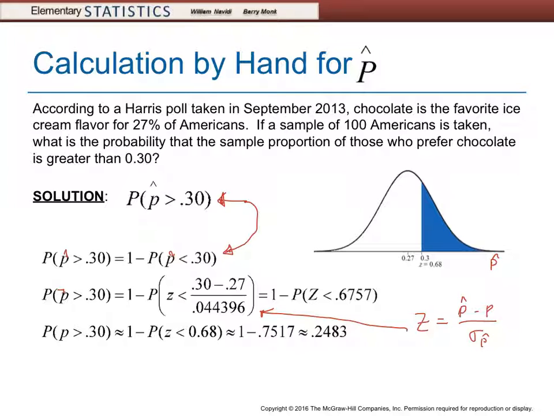Obviously our table doesn't go out to 4 digits, so we round up to 0.68, and now we look at the table, and from the table we see that it is 0.7517. But guess what? We subtract it from 1 and we get an answer of 0.2483. So we're off a little bit, primarily rounding error, and certainly the table is not perfect as well, and we have to do some rounding. So that's the answer if we did it by hand.